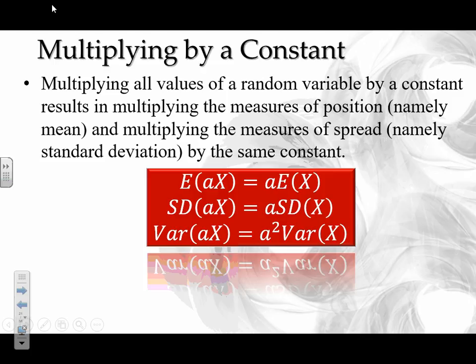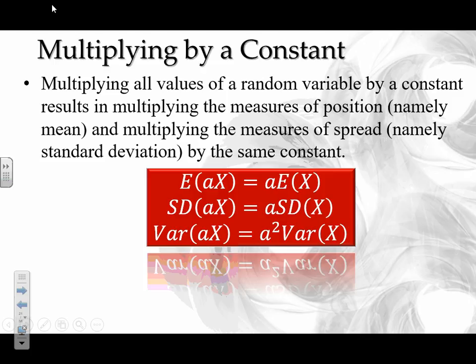And when we start combining random variables, we can only work with variances. We cannot work directly with standard deviations in most cases. So you do need to understand how variance changes with these different transformations. So if I multiply my variable by a constant, the variance changes by that constant squared.